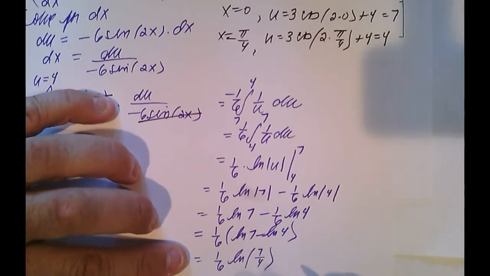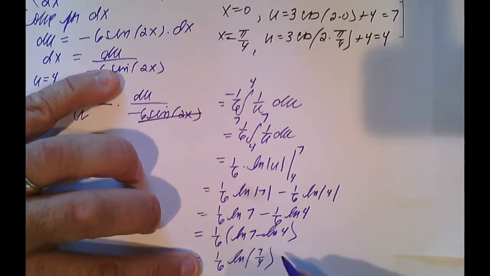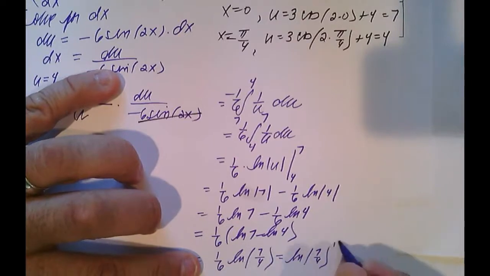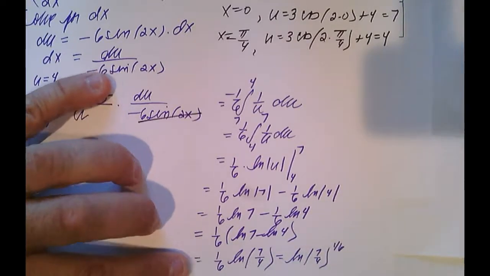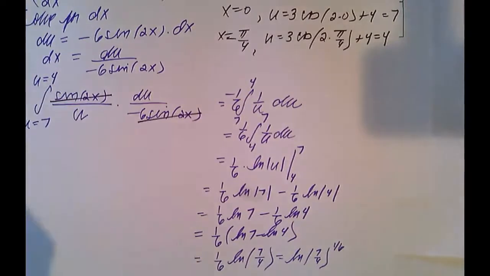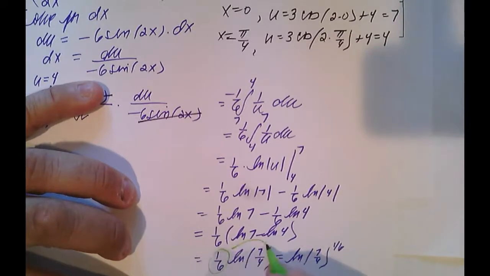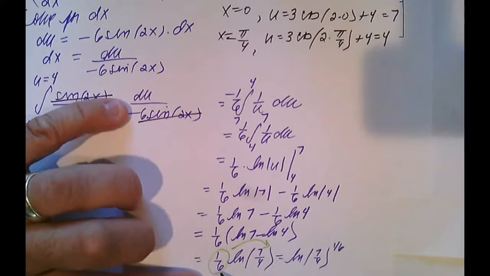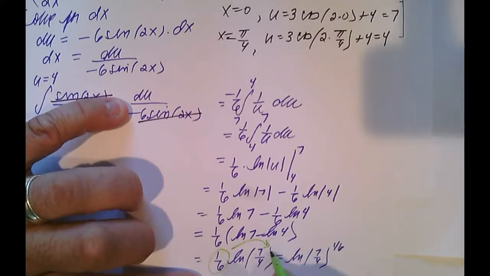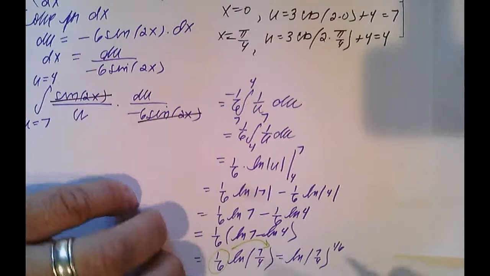You could go a step further. I'm just trying to show you all the different crazy things the College Board could do. They could say that this is the same as the natural log of 7 over 4 to the 1/6 power. Right? We've got that property of logs that says the log of something raised to a power, you can bring the power down in front. That also means that when you have something down in front, a constant, you can bring that up and turn it into an exponent.